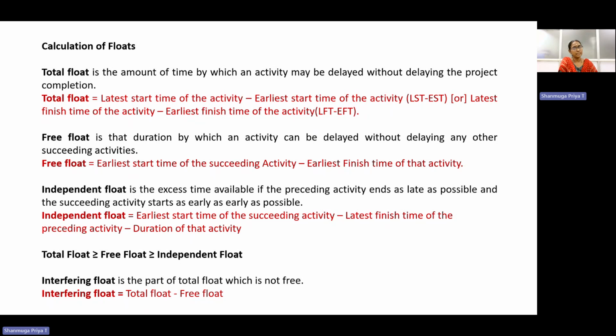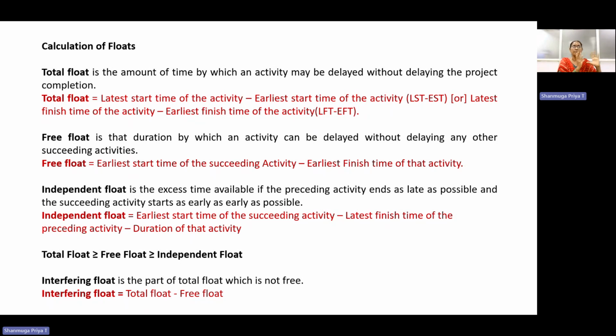The preceding activity can end as late as possible, but the succeeding activity will start as early as possible. So if B activity should start as early as possible, the activity A, which is the preceding activity, can end as late as possible.